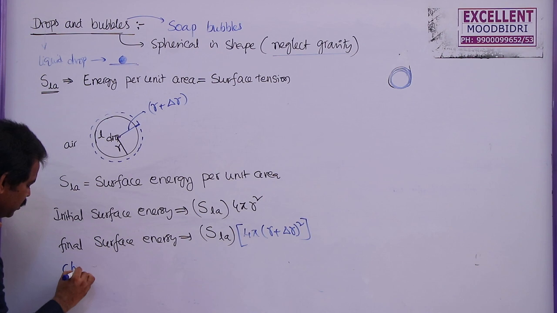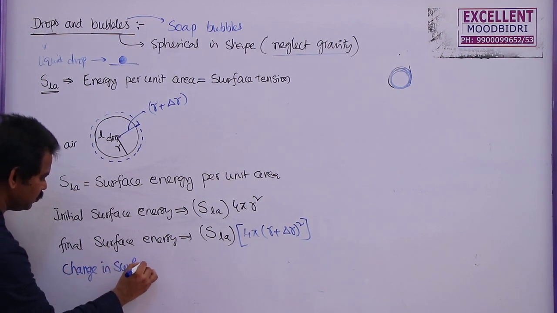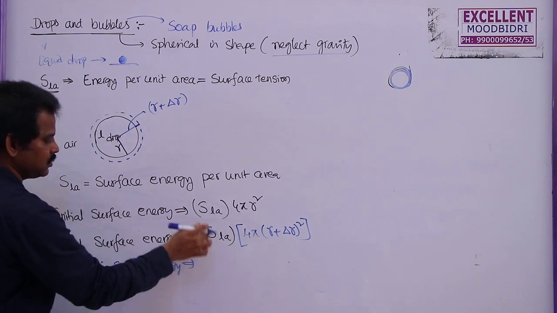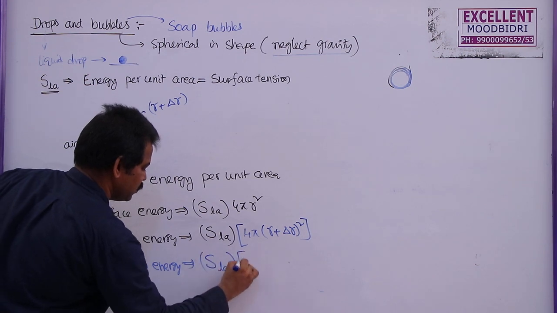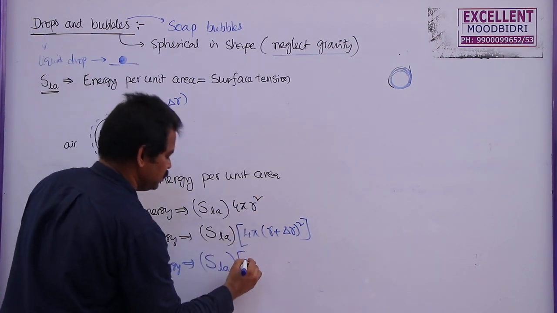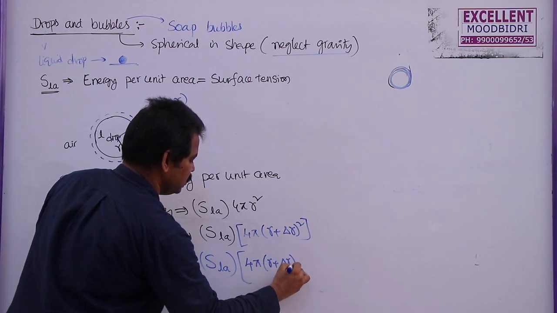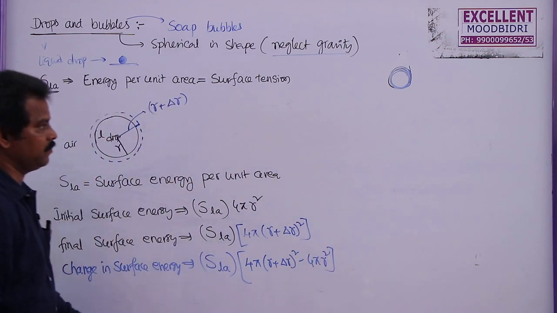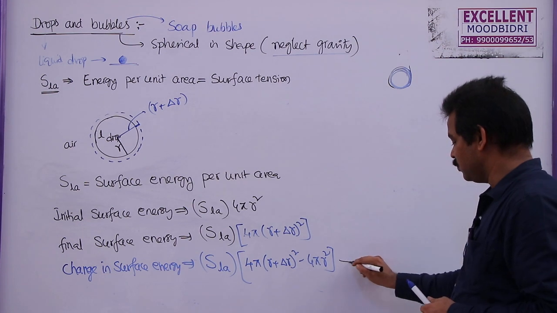S_LA is common here, so you can write this minus this: S_LA into [4 pi (r plus dr) whole square minus 4 pi r square]. This is equation 1.